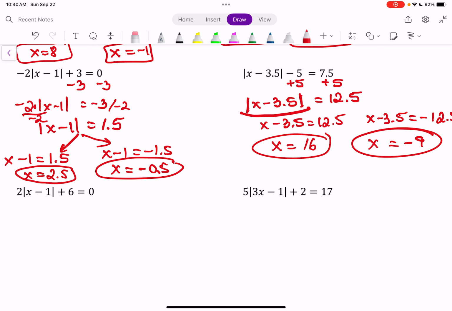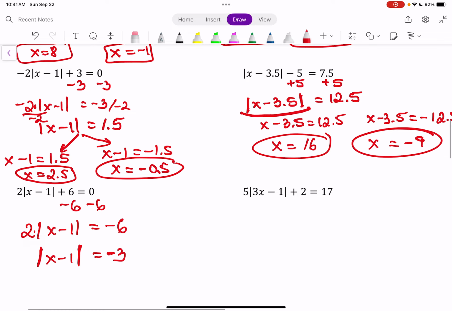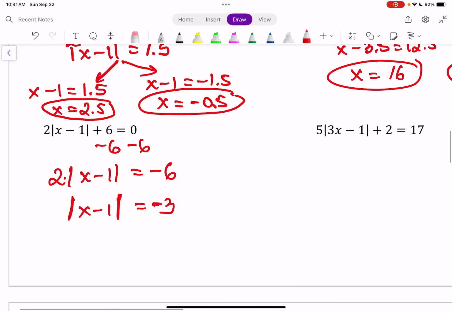Let's try this one more time. So I'm going to minus 6 over, divide by 2 because it's multiplied on. And if you go mechanically and move on and find your two x's, you probably will get that one of them is negative 2 and the other one is positive 4, but it's not going to work.